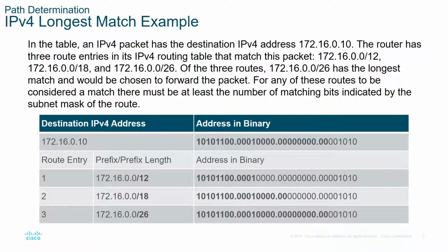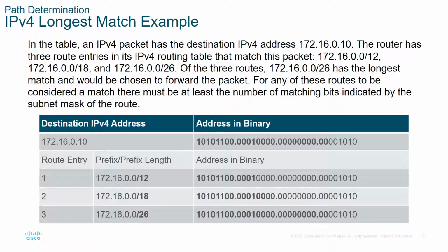IP version 4 longest match example. In the table below, an IPv4 packet has the destination IPv4 address of 172.16.0.10. The router has 3 route entries in its IPv4 routing table that match this packet: 172.16.0.0/12, 172.16.0.0/18, and 172.16.0.0/26.